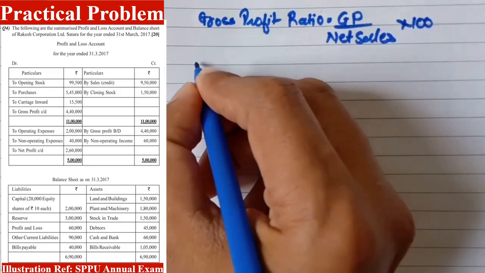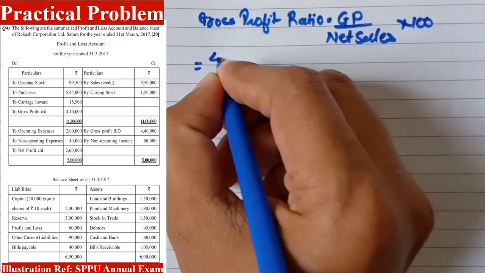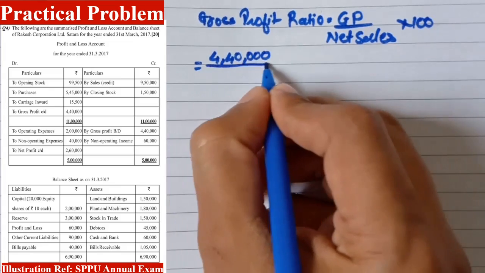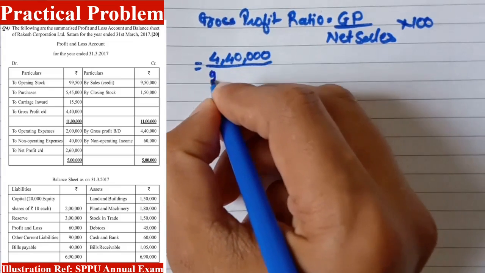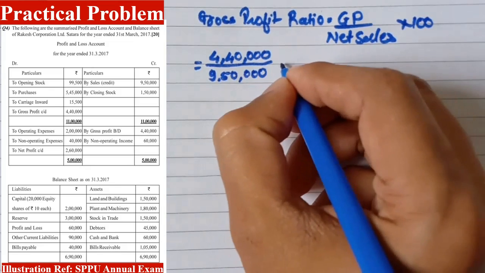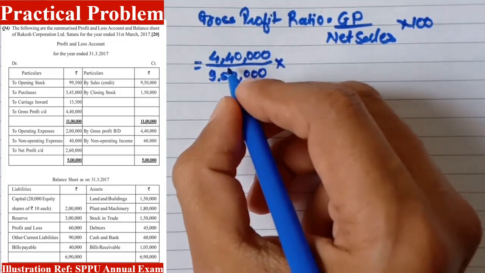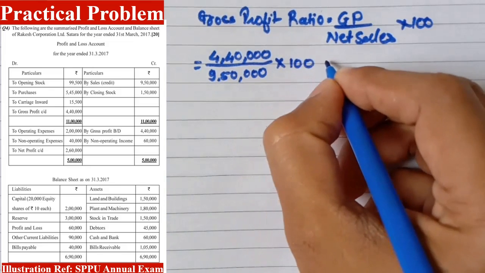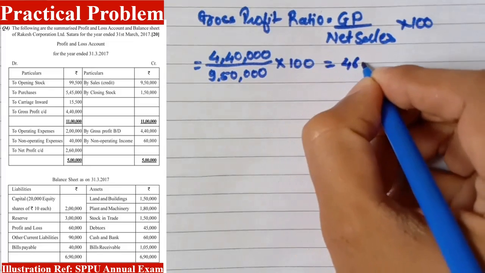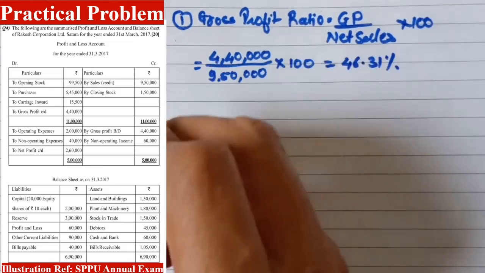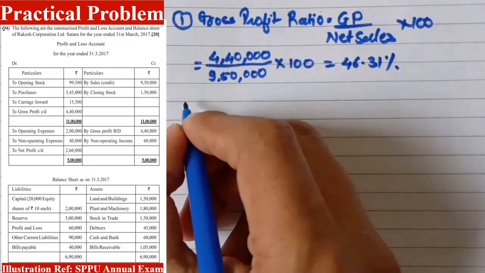Now the gross profit is given in the problem, which is 4,40,000, and the sales value given is 9,50,000. So 4,40,000 upon 9,50,000 into 100, so it becomes 46.31%. So this was the first ratio.